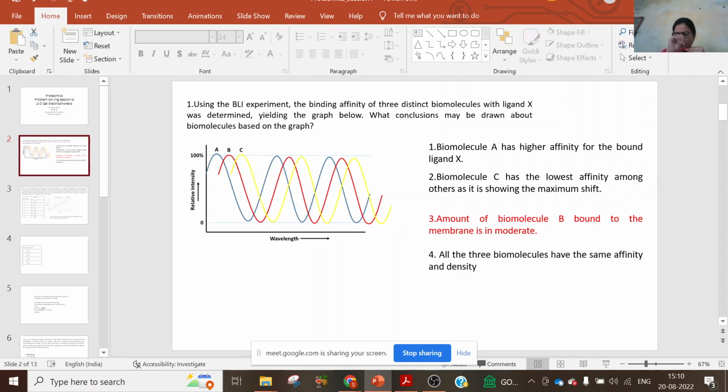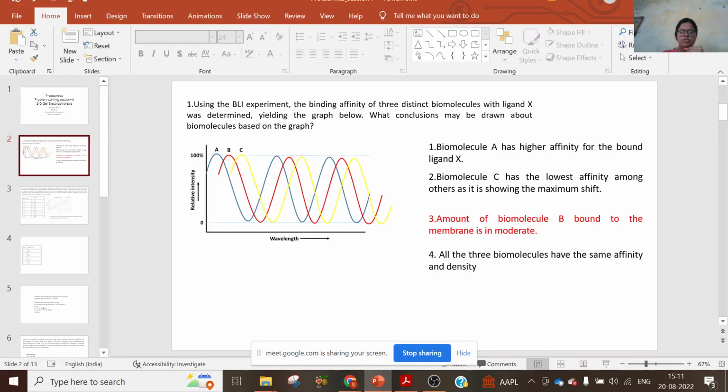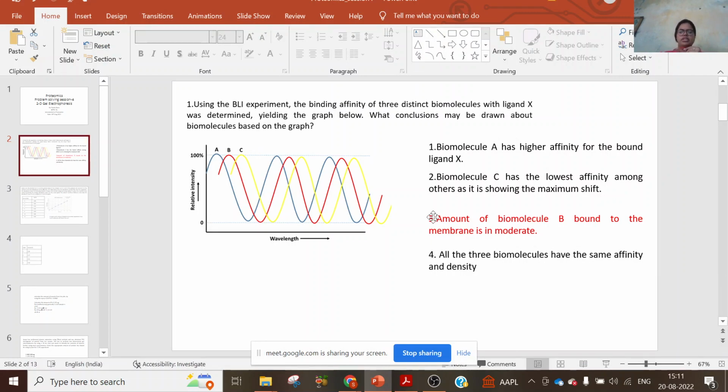Whereas option 4 says all three biomolecules have the same affinity and density. If that were the case, you would not have seen three distinct shifts for the three biomolecules. So this statement is incorrect. Our correct option is option 3: the amount of biomolecule B bound to the membrane is moderate.